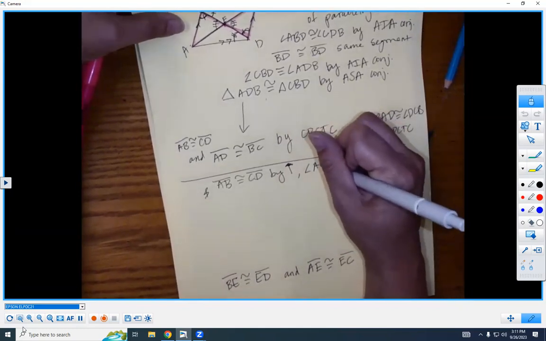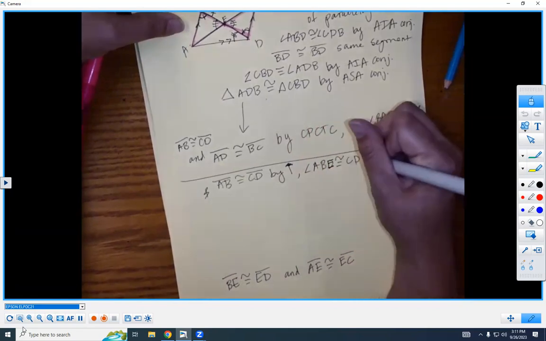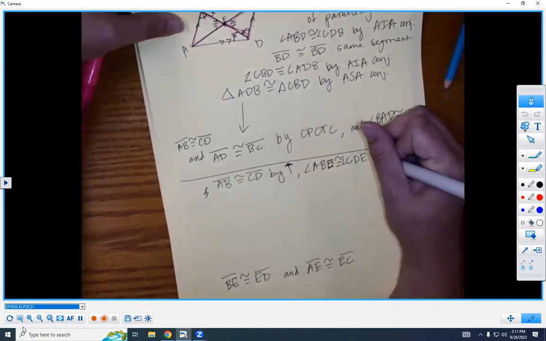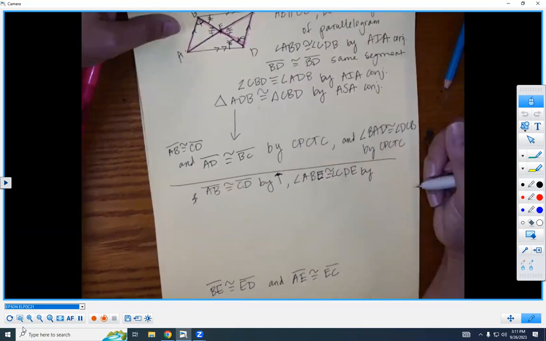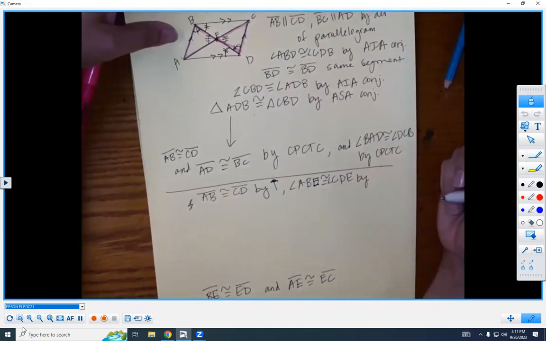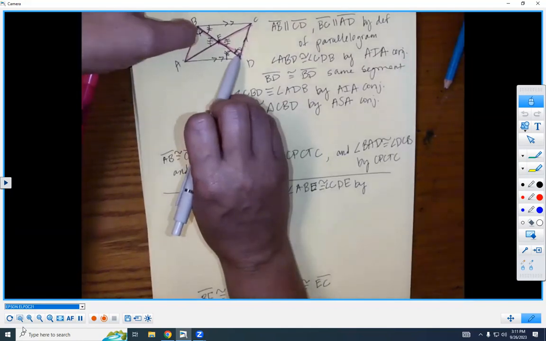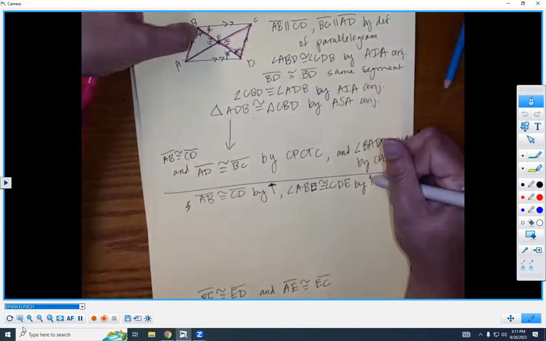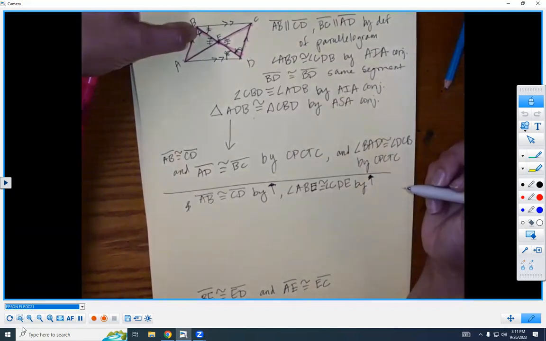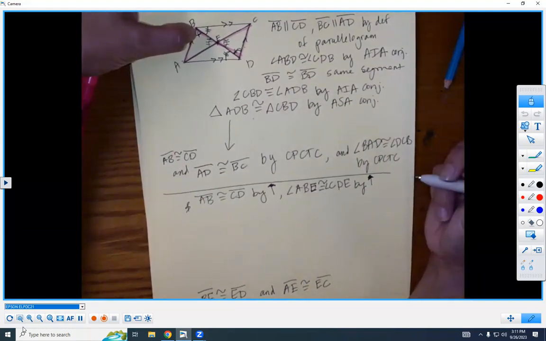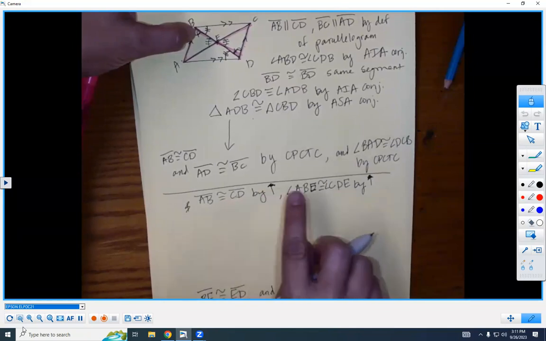This should be an E actually, sorry. How do I know those angles are congruent? I'm talking about these two that we already have. From above, or alternate interior angles is what we actually said originally. Okay, so those are my side and an angle.